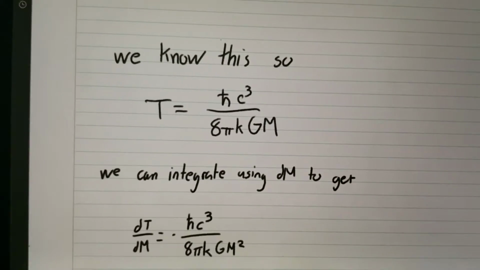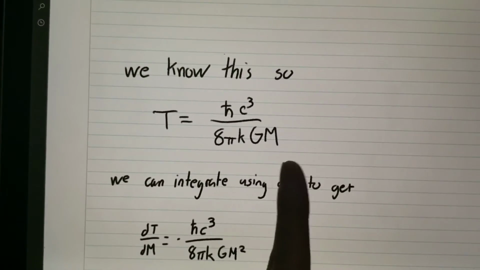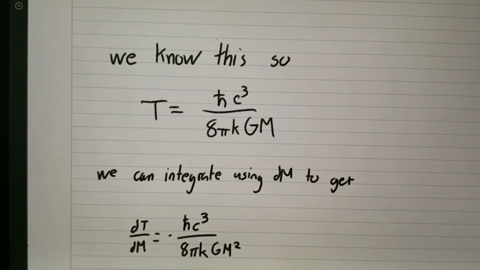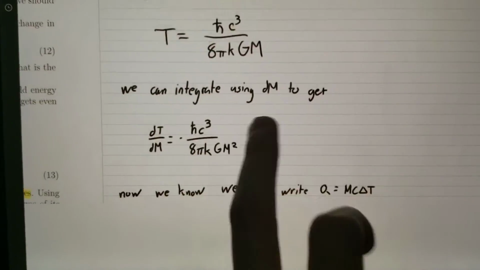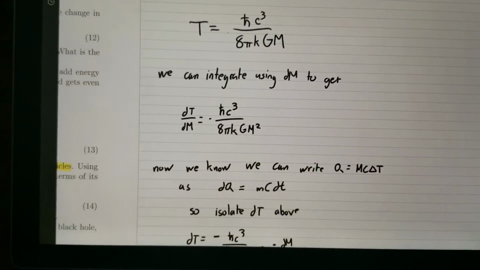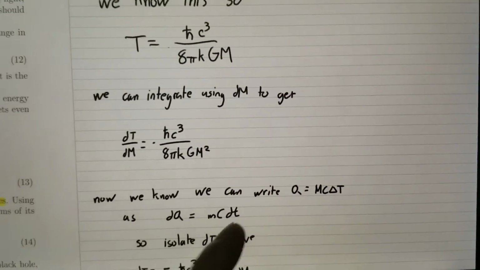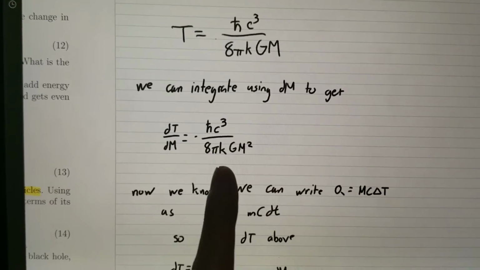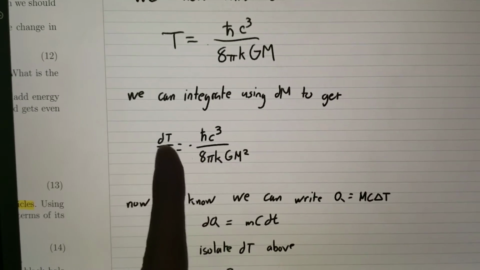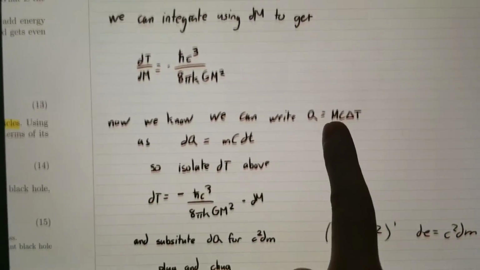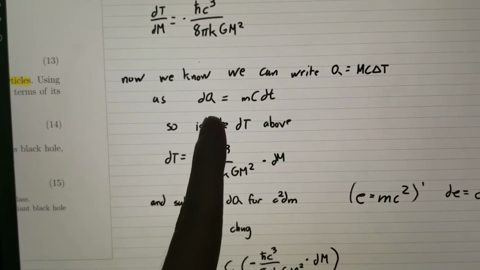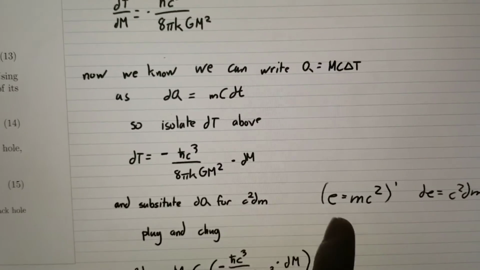Now here comes the fun part: plugging and chugging. So T is equal to hc cubed over 8 pi k G m, which was mentioned in the Stephen Hawking equation. If we, excuse the typo right there, differentiate this with respect to m, we end up getting dT over dm is equal to negative hc cubed over 8 pi k G m squared, with a negative, which is important later on. And we know that Q is equal to mcΔT can be turned into dQ is equal to mc dT.